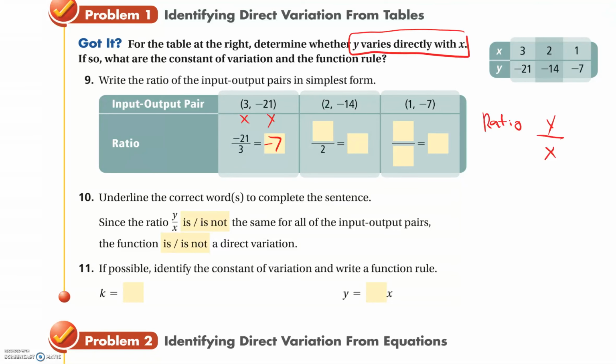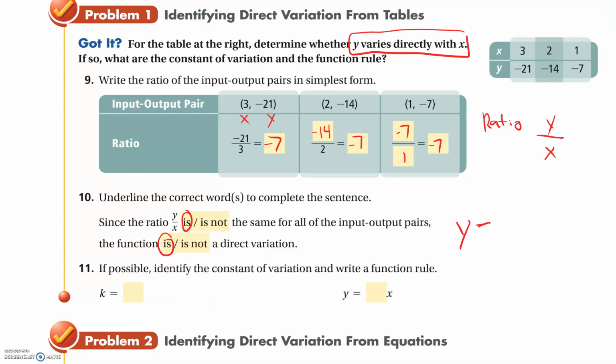So you can see that's negative 7. We want to check and see if all of the y's compared to x give us the same thing. That's going to give us negative 7. So since the ratio y over x is the same for all the inputs, the function is a direct variation.